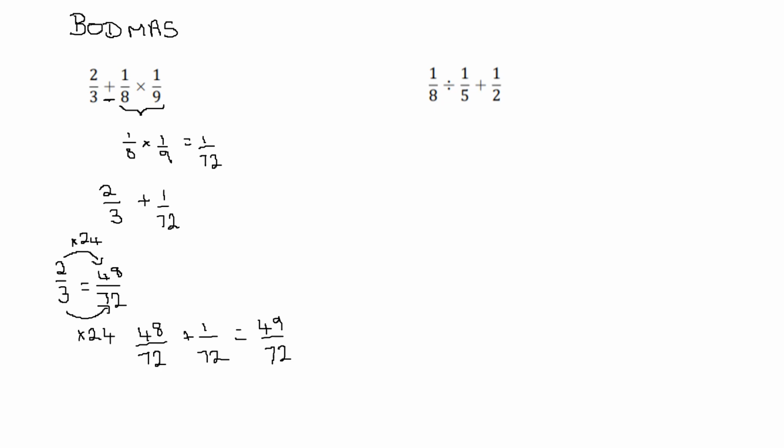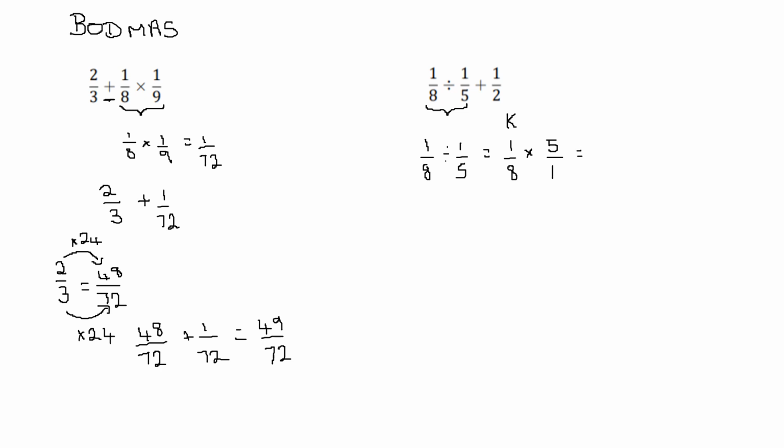Here we've got 1/8 divided by 1/5 and then add a half. Division comes first, so I'm going to do 1/8 divided by 1/5. I keep the first fraction, change my division to a multiplication, and change my 1/5 to 5/1.